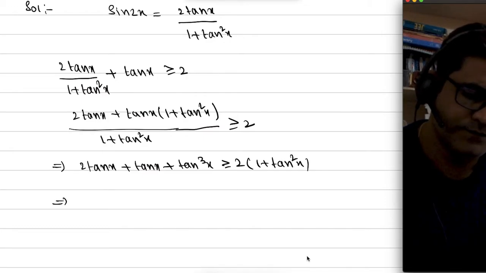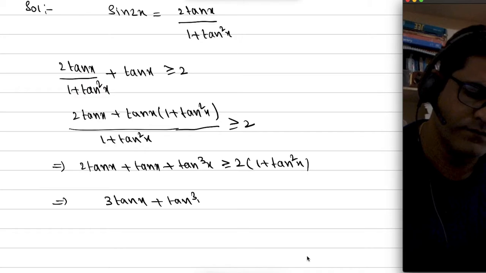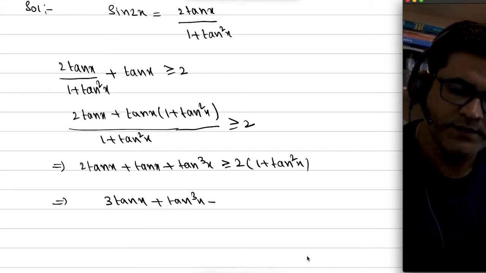This implies this is 3 tan x plus tan cube x minus 2 minus 2 tan square x is greater than or equal to 0.